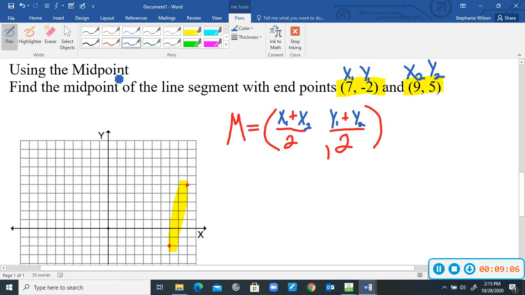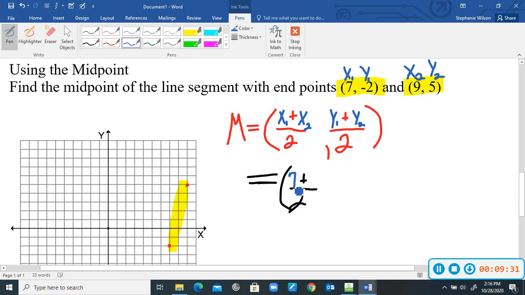So now let's plug it all in. Alright, my x value 1 is going to be 7. So let's put 7 in its place.